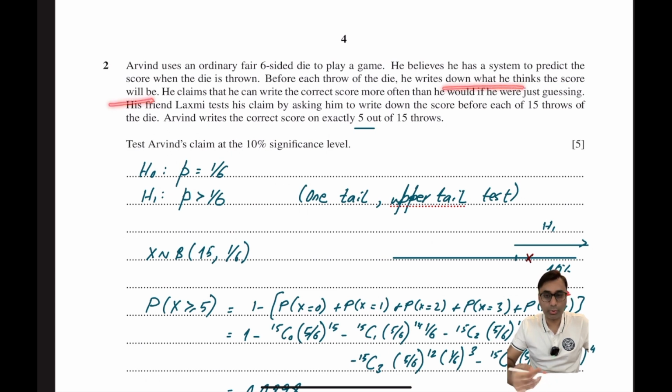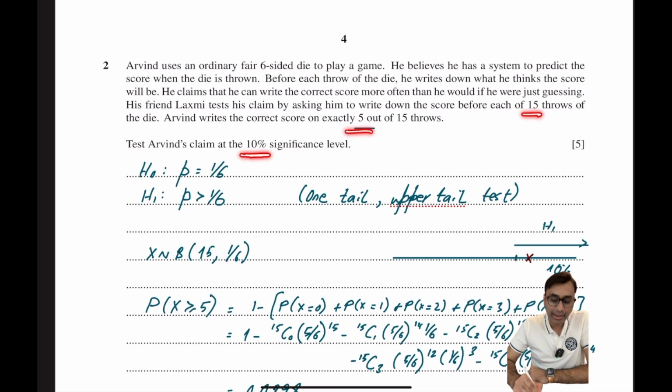So he's throwing a die and guessing the number before throwing, and it's been found that out of 15 throws, Arvind has been correct 5 times, and we have to test his claim at the 10% significance level.